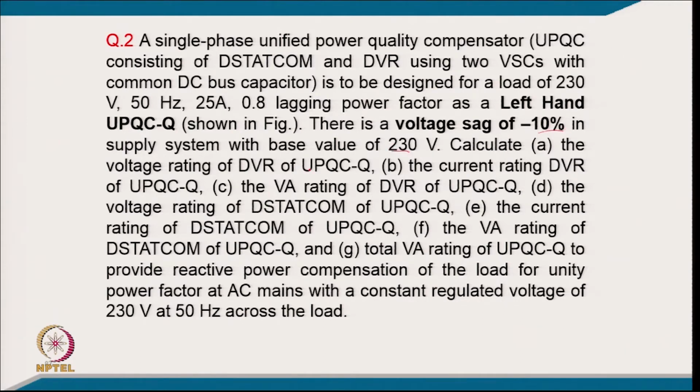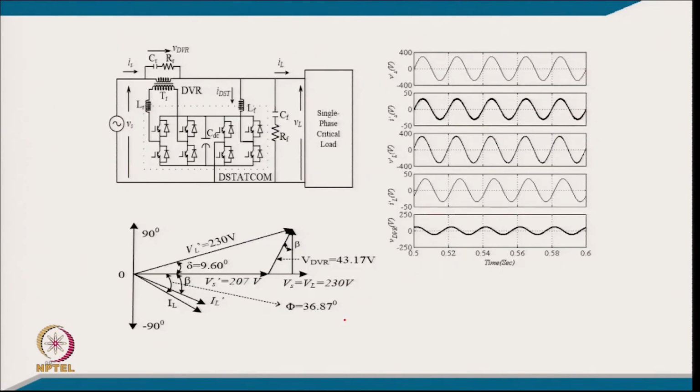Calculate the voltage rating of DVR of UPQC, current rating of UPQC, VA rating of DVR, the voltage rating and current rating of D STATCOM, VA rating of D STATCOM and total VA rating of UPQC for reactive power compensation of the load for unity power factor, and with a constant regulated voltage of 230 across the load.